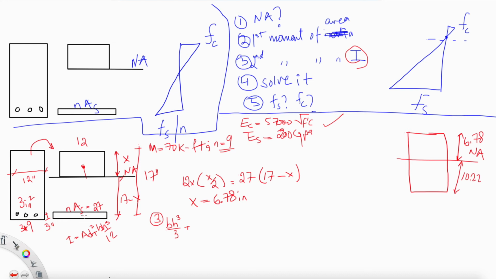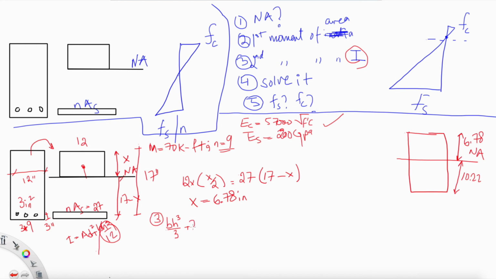For the steel, bh cubed over 12 is neglected because h is small, it's just a strip, so it's just A d squared.